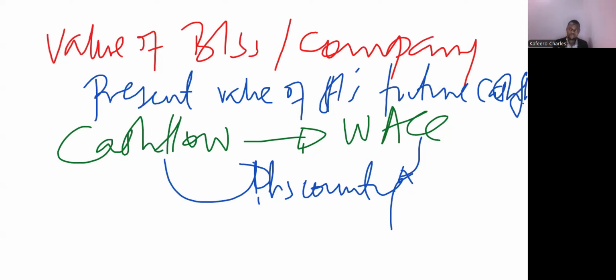Now, what happens if you increase the debt? Remember, for you to compute WACC, you need to have the different sources that will come together to give you the overall cost of capital. That is the cost of using all the sources that you are using in financing those investment projects. Within the WACC we have both debt and equity.